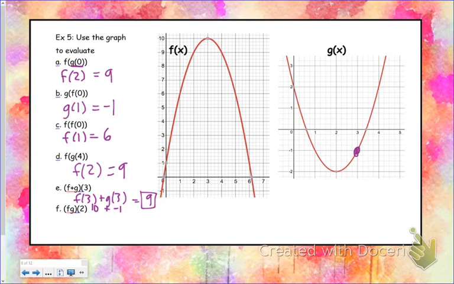And then f times g of 2, again, when x is 2, I get 9. When g is 2, I get -2. So 9 times -2 is -18. All right, and that's it for compositions and operations.